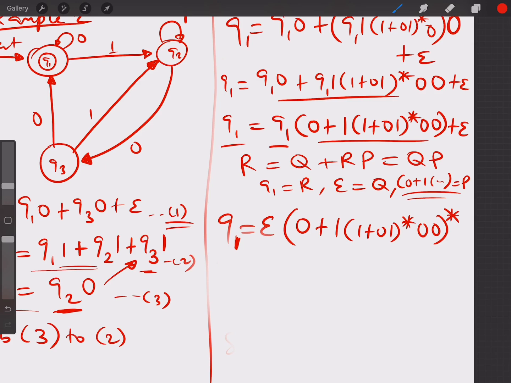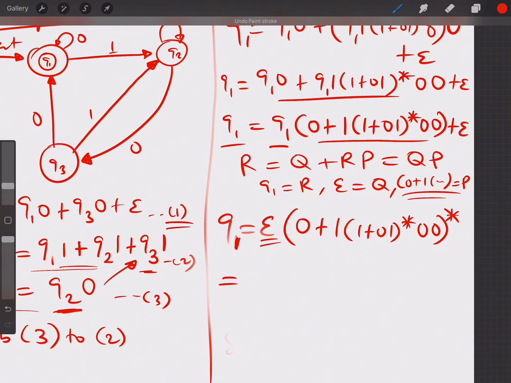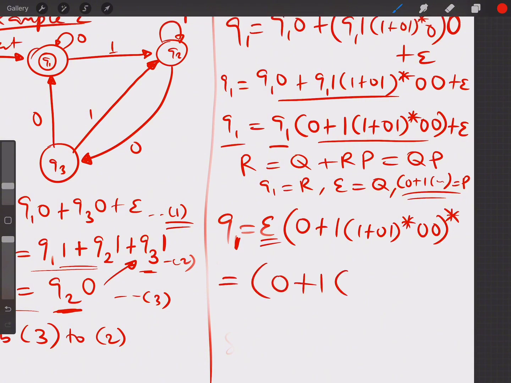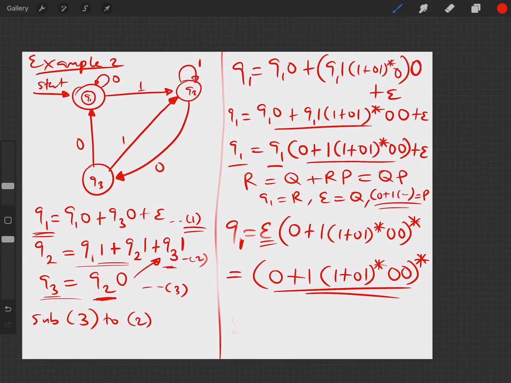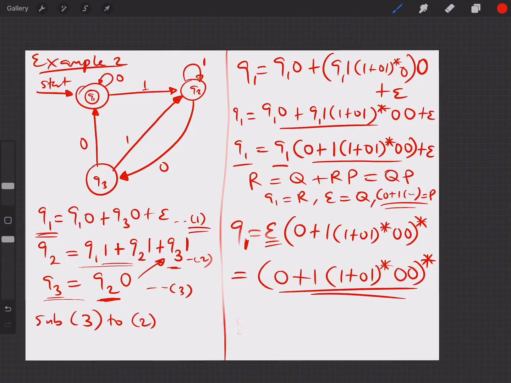And since the empty string doesn't really mean anything, we can simply have 0 plus 1, 1 plus 0, 1 star 0, 0 star. This is the answer to that question.